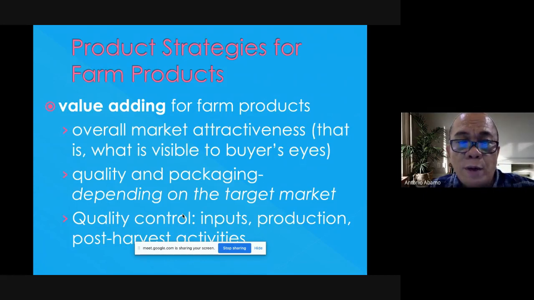So, good quality nga, but ugly to look at. So, that's no good either. No market transaction will happen. Because of the appearance, you can judge the quality because it is a fresh product. So, it should appear fresh. Okay? If you are selling good quality but it's already wilted, it's gone. You lost in the process.